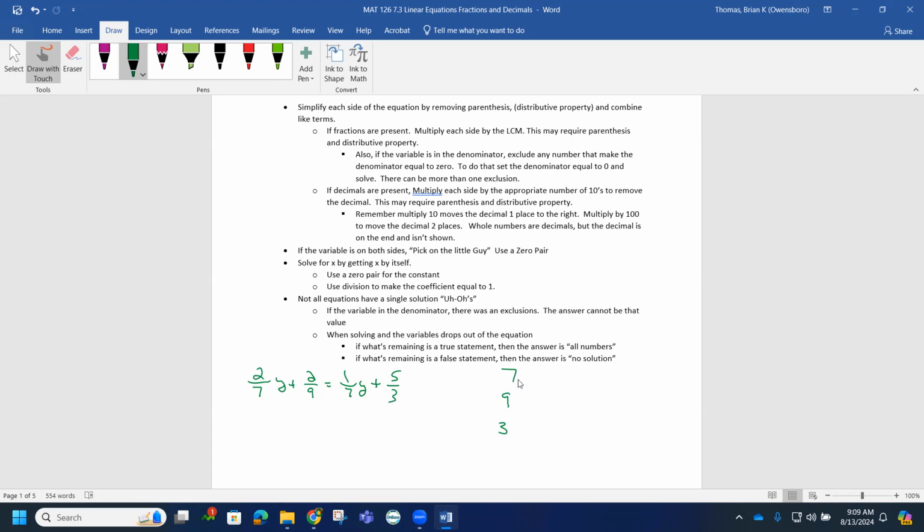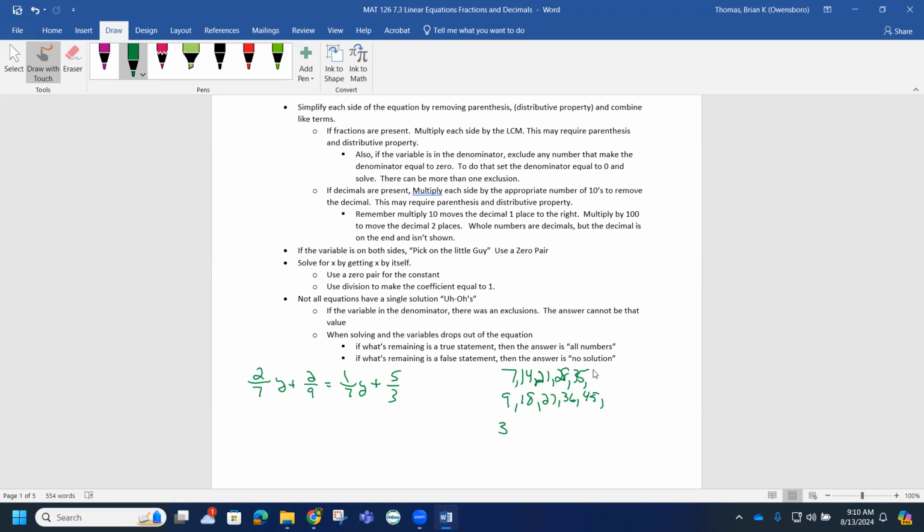So if you think of multiples, the multiples of 7 would be 7, 14, 21, 28, 35. The multiples of 9 are maybe 9, 18, 27, 36, 45. So I'm not seeing anything in common, so I have to continue on there.